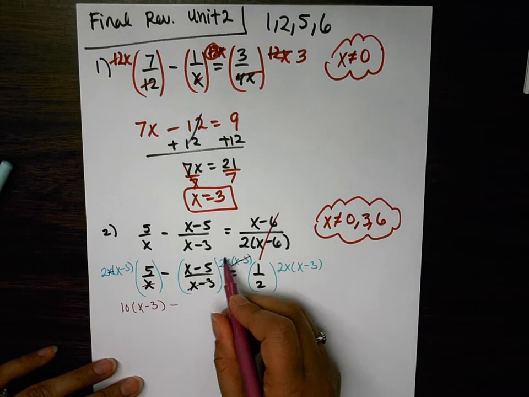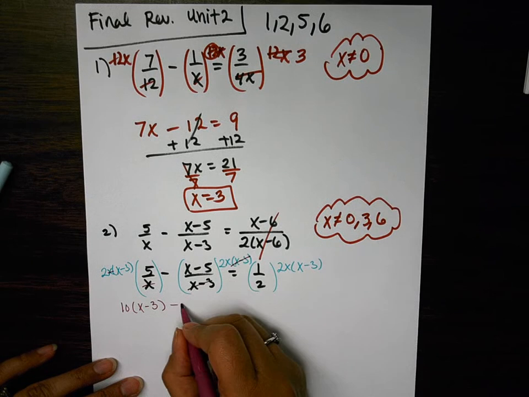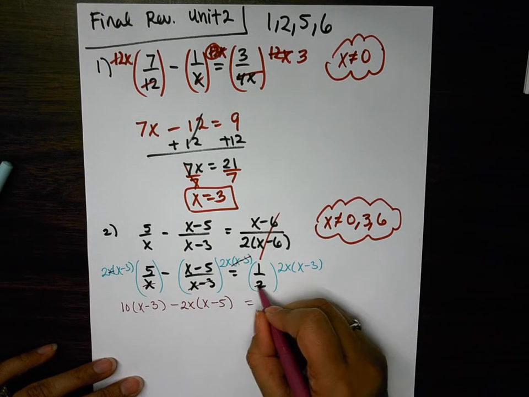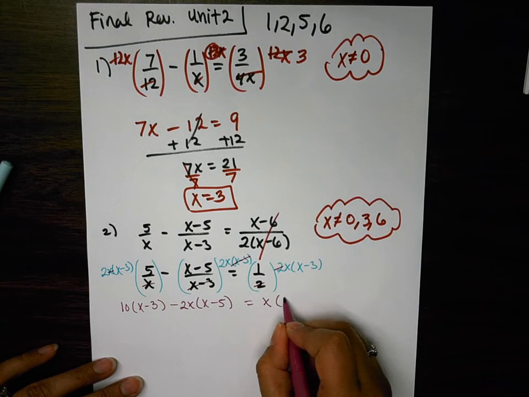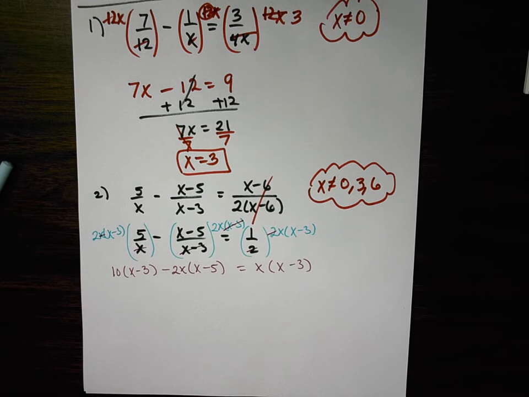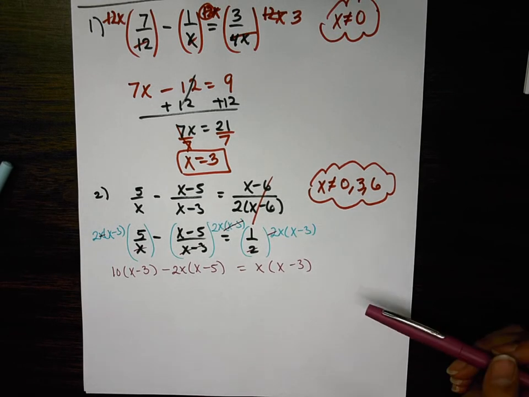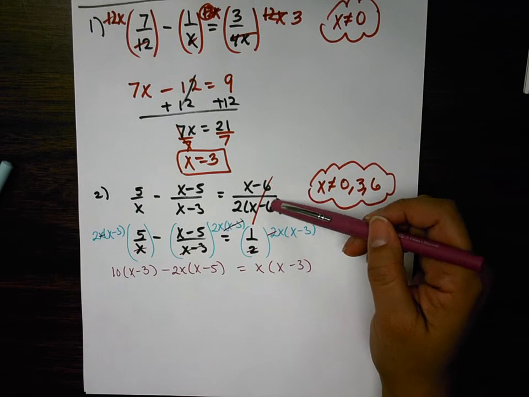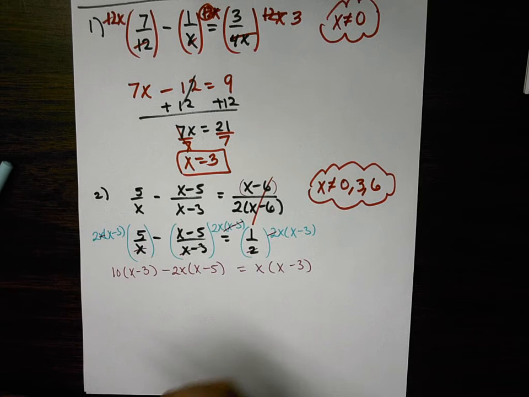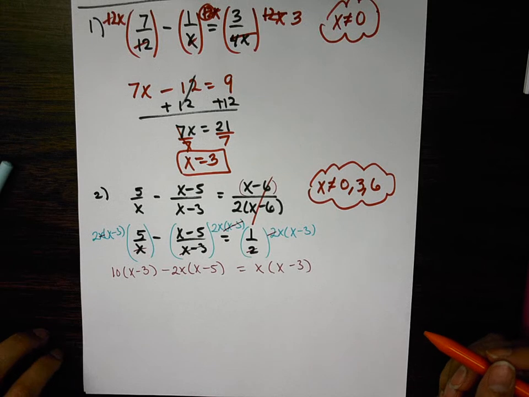I'll distribute in the next step. x minus 3, leaving behind what on the outside? 2x parentheses x minus 5 equals 2 reduces, leaving behind x with the x minus 3. Before I go any further, will you guys double check that and see if you agree? Why isn't the x minus 6 there? Because we reduced it. Yeah, as long as you take it as part of your restriction, since it's in the denominator, you can reduce it.